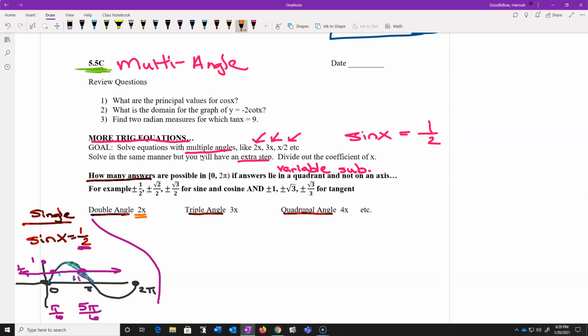If I change this whole concept to say that sine of x is now sine of 2x, and when is it going to be equal to 1/2, now I have to really remember what this 2 does inside the actual wave itself. It basically means that in the normal interval between 0 and 2 pi, we won't see just one wave take place.